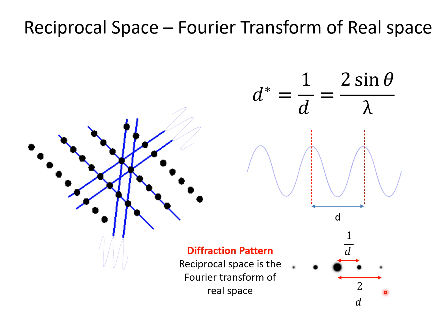Just like a Fourier transform of a time domain, a periodic time variation turns into a frequency.